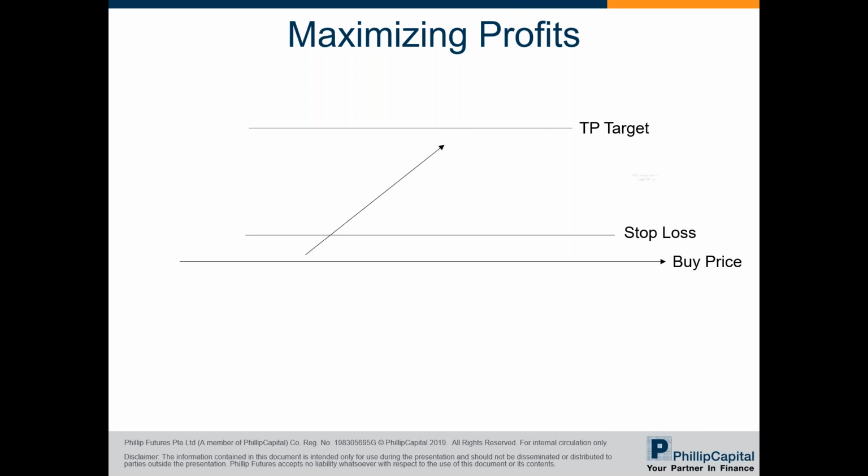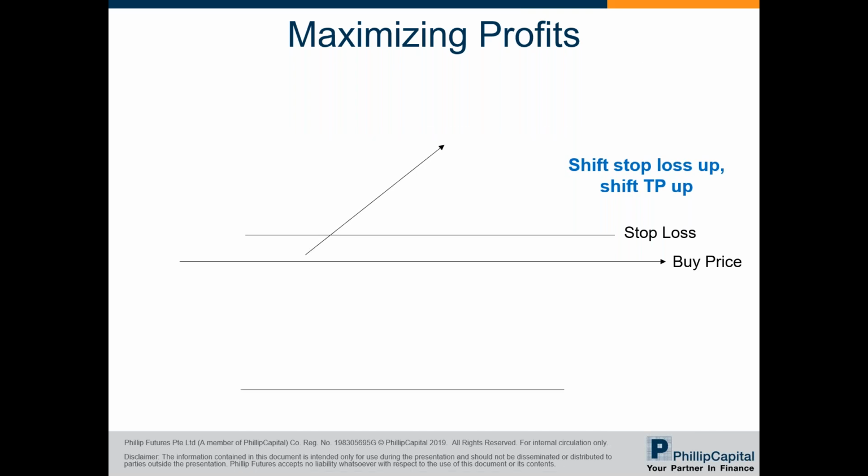But if it hasn't hit your TP target, shift your stop loss up and shift your TP target up. This is to maximize the profits that you can get. For example, in a trending market, the price shoots up, and you can obtain more profits as compared to if you were doing it before.